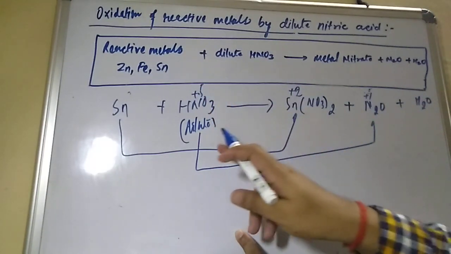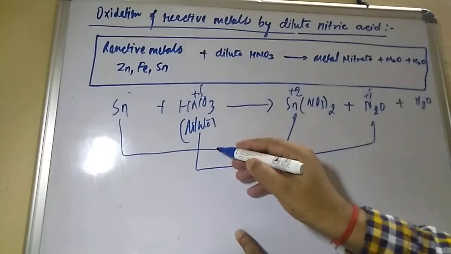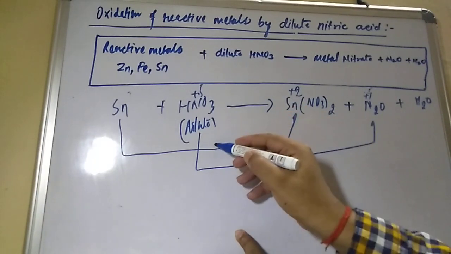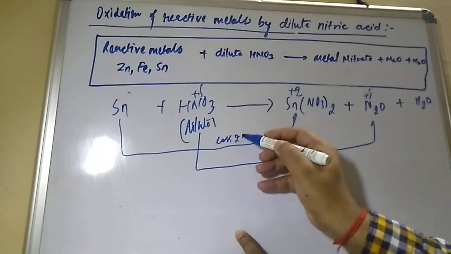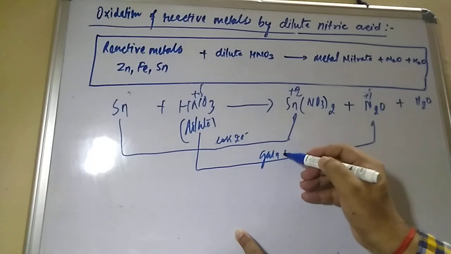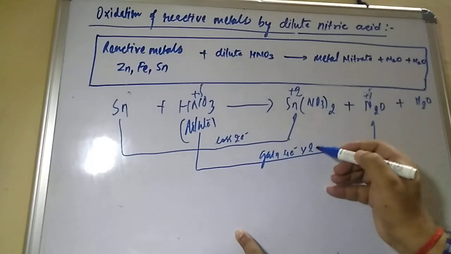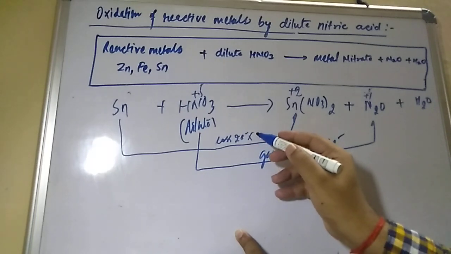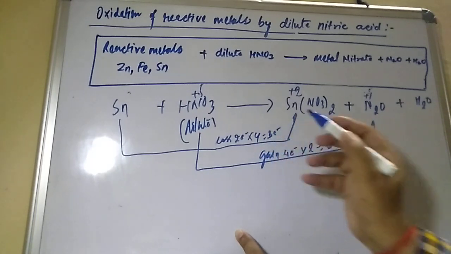In this equation one thing is clear: loss is 2 electrons, and gain is 4 electrons. So you multiply by 2 to get 8 electrons, and multiply by 4 to get 8 electrons.